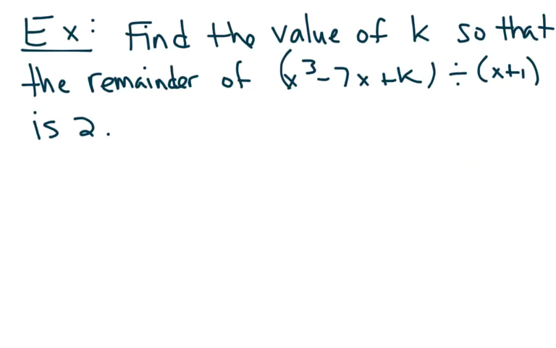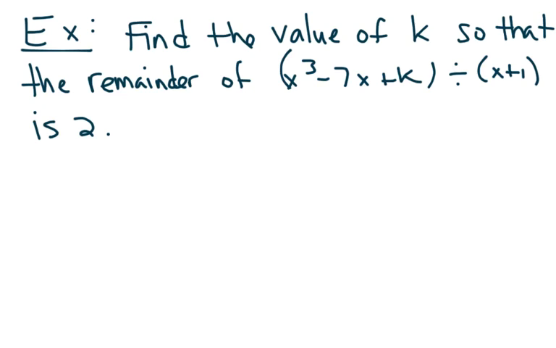The last thing that we're going to do is use our understanding of the Remainder Theorem to help us find a value in a polynomial. I want to find the value of k so that the remainder of x cubed minus 7x plus k divided by x plus 1 is 2.